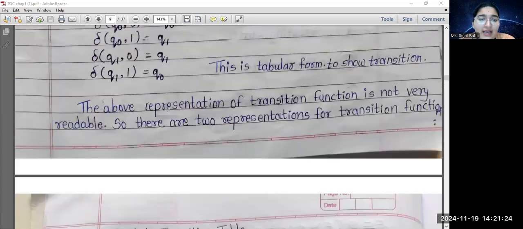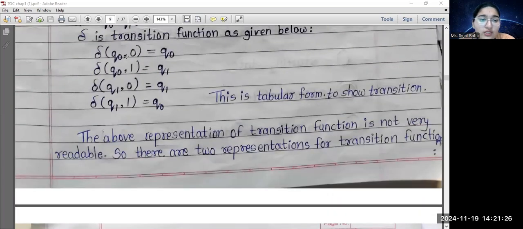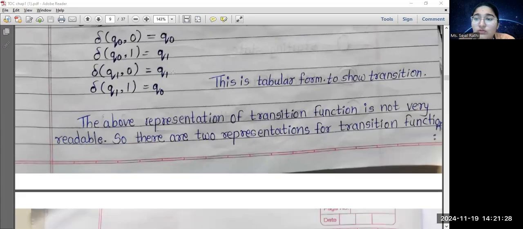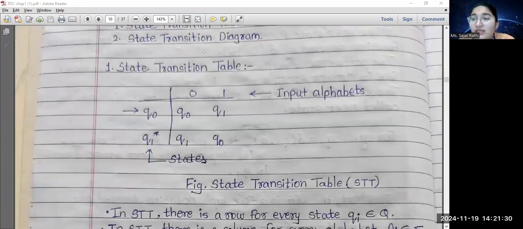So in the transition table, Q0 with 0 equals Q0. How will we write this? This side there are states, and this side there are states. Why are we showing this arrow?